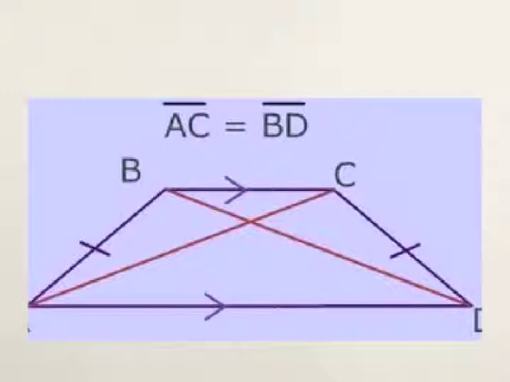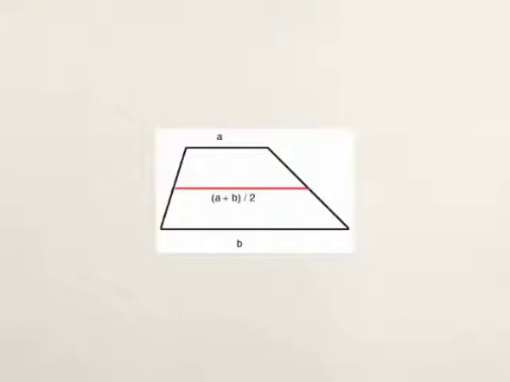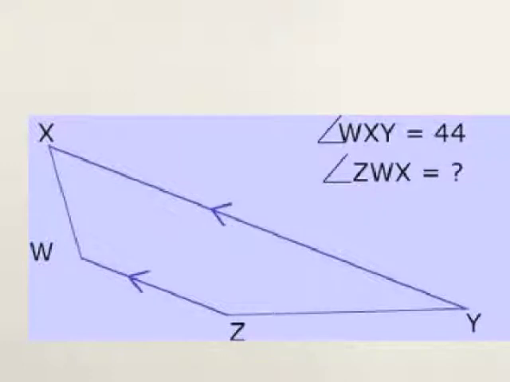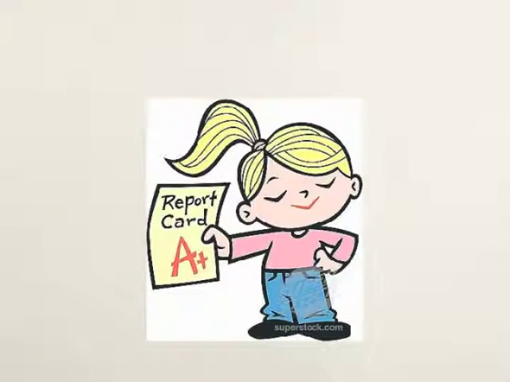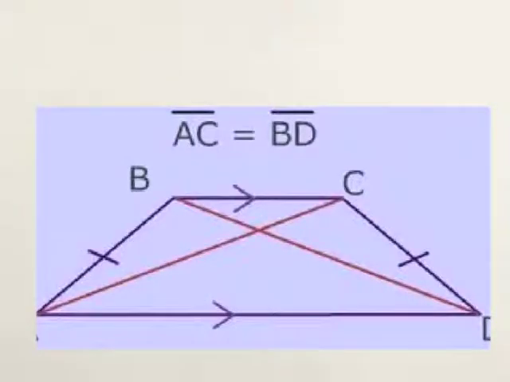The median is the base's mean. Upper and lower angles are supplementary. Upper base angles are congruent. You'll need these things to be a good student. In this trapezoid, diagonals are congruent. They are isosceles, there's nothing to it.